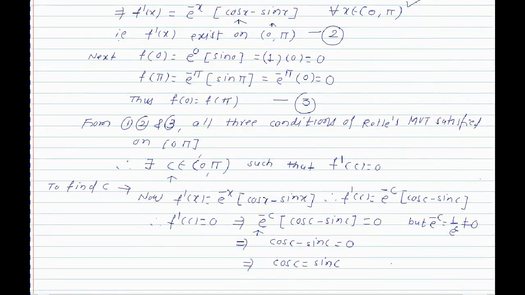Now what is the value of c in the open interval 0 to pi, for which these two values are equal? These two values are equal for c equal to pi by 4. Cos of pi by 4 is 1 upon root 2, sin of pi by 4 is also 1 upon root 2, and pi by 4 is a number in the open interval 0 to pi.